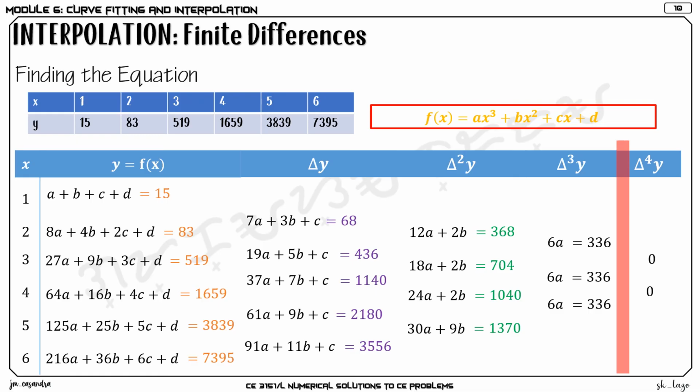In order to solve now for our coefficients a, b, c, and d, we could solve this using the different equations. And to have a simpler solution, we now use those equations with the smaller coefficient values.